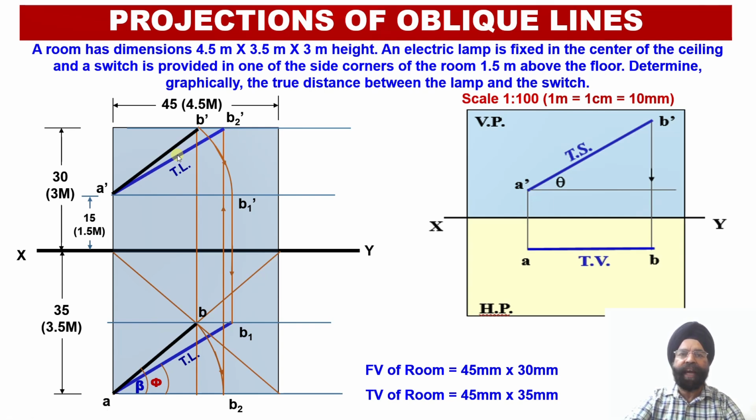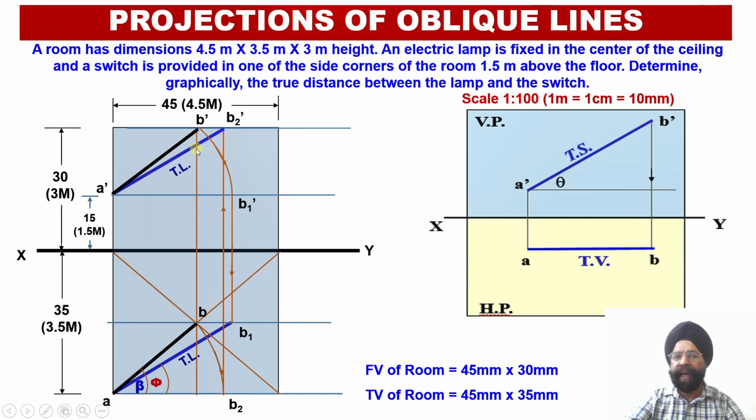Because you cannot have two different true lengths corresponding to the same line. So once we obtain that A dash B2 dash is equal to AB1, it means that we have followed the principles of the rotation of the line in an appropriate manner, and whatever solution has been obtained, it has been obtained accurately.